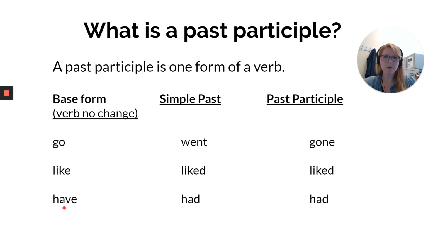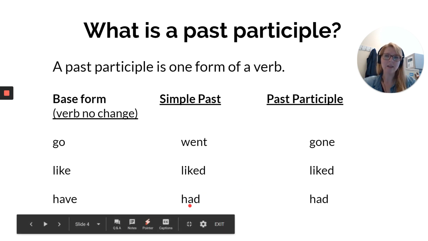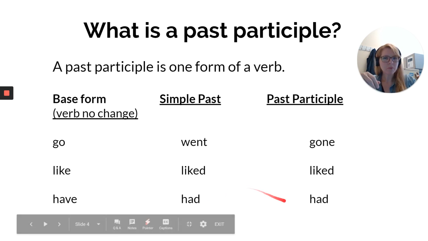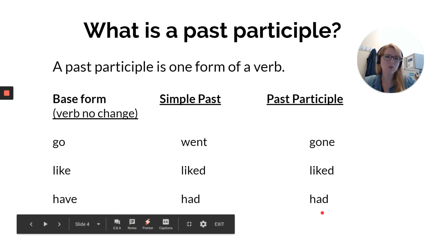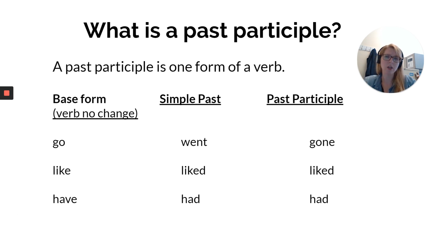Like have, the past is had. Yesterday I had breakfast. The past participle is also had. So sometimes there's no change. And unfortunately, with past participles, you just have to practice, practice, practice, and remember them. There's no rule for them all being the same, like ed.